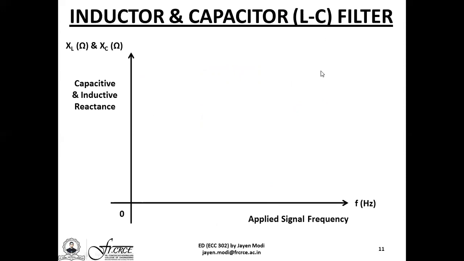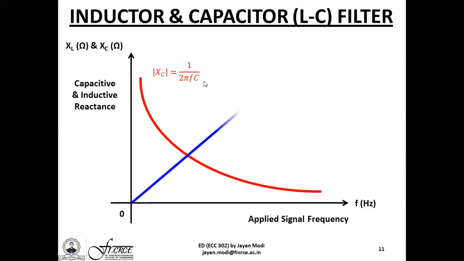Since we have already seen earlier, the graph of the capacitive reactance is given by mod Xc is equal to 1 upon 2 pi FC, and you have the graph of the inductive reactance mod XL given by 2 pi FL.